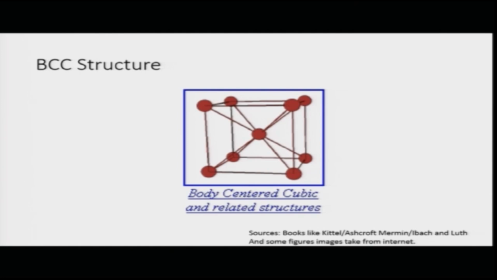The body centered structure, as I said, has atoms at the corners of the cube and an atom at the center, and the lattice parameters are a and a, exactly identical. So, you have atoms sitting on the corners of the cube and one in the body of the cube, and this is your body centered cubic structure.